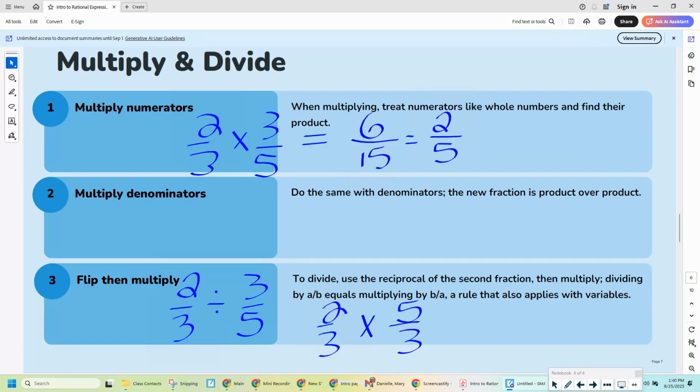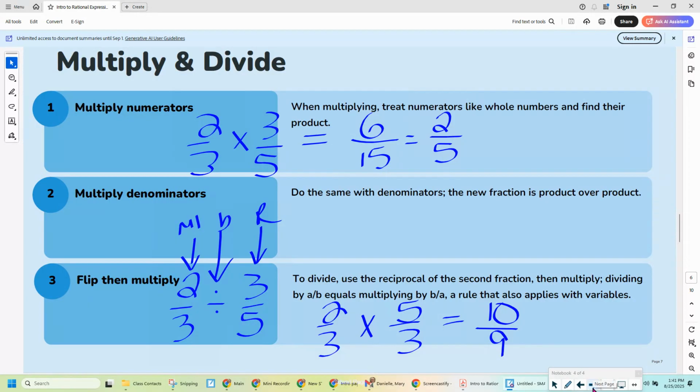So what we do is we keep the first term, we change the division sign to multiplication, and we flip the third term. So keep, change, flip. Multiply by the reciprocal, okay? And then you just do the multiplication, same steps, straight across. 2 times 5 is 10, and 3 times 3 is 9.